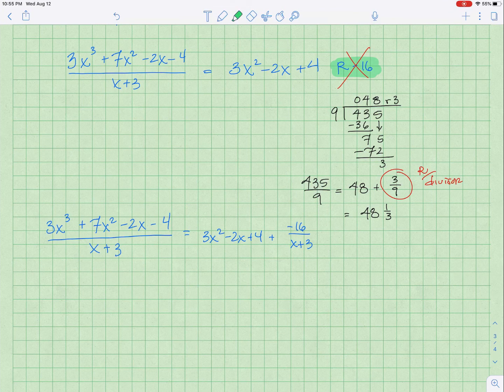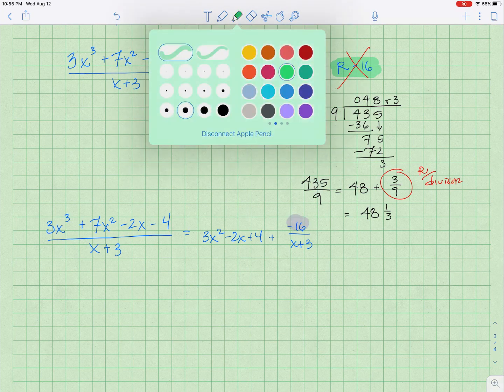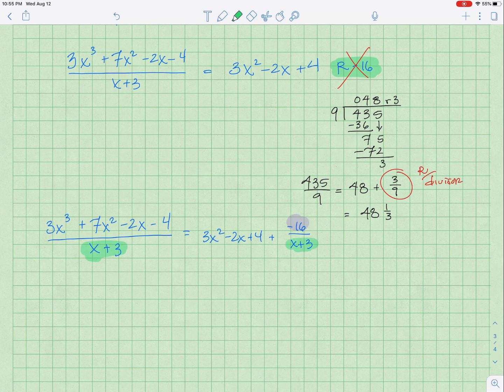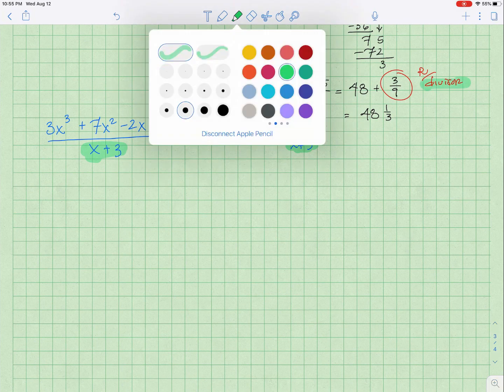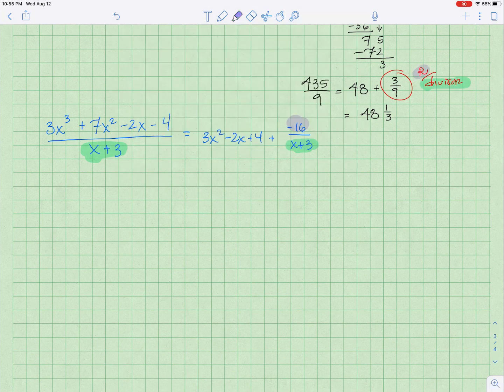So again, we have our remainder over our divisor there. So again, remainder over divisor. And that's how you perform synthetic division.